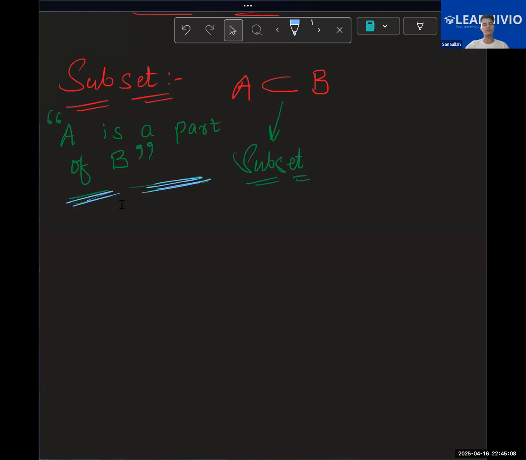Because the vowels are also a part of B, a small part of B. Yes, sir. Do you understand? So if I say that A is the consonants, no, not consonants, let's say alphabets. Yes, sir.